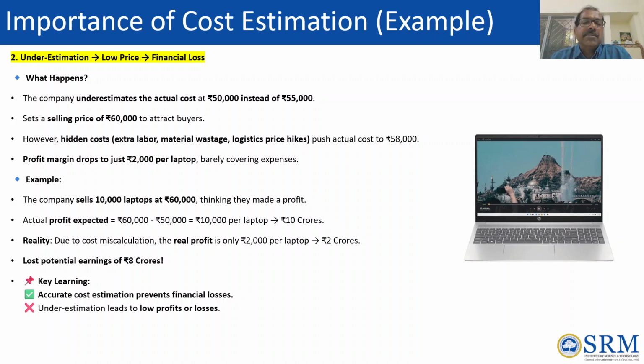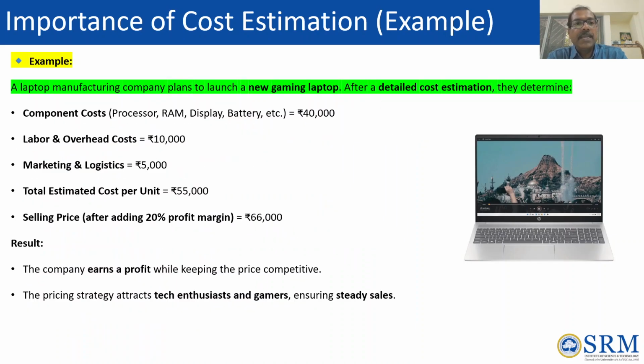As I said, underestimation means you are fixing the price low, then you will be ending with a financial loss. How? What happens? The company underestimates the actual cost at 50,000 instead of 55,000. In the previous page, we said the total estimated cost per unit is 55,000, by adding marketing, logistics, labor and overhead cost and component cost including processor, RAM, display, battery and all, right?